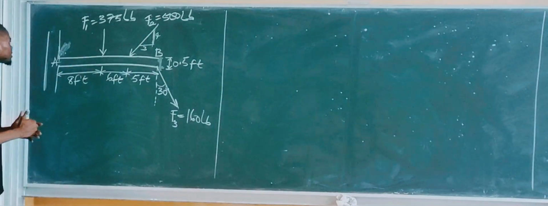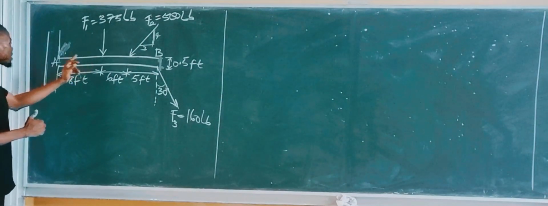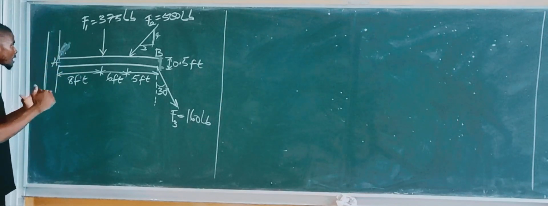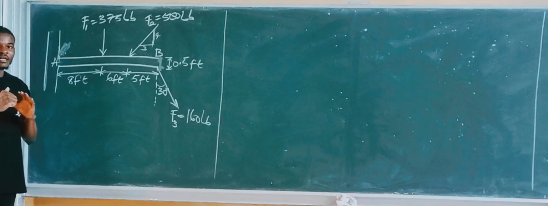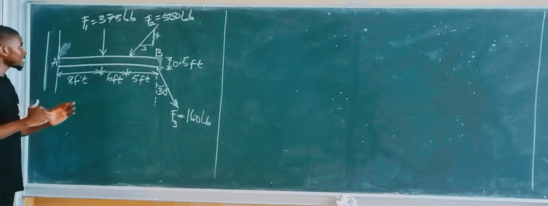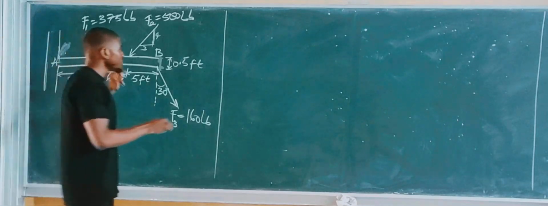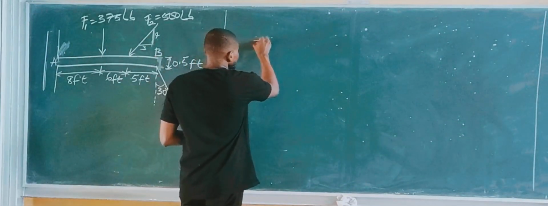We have force F1. The moment of this force about point A is simply the line of action of the force. So I will break this beam down individually for better understanding. Let me pull this beam from point A down to the point of this force. So I will simply have something like this.